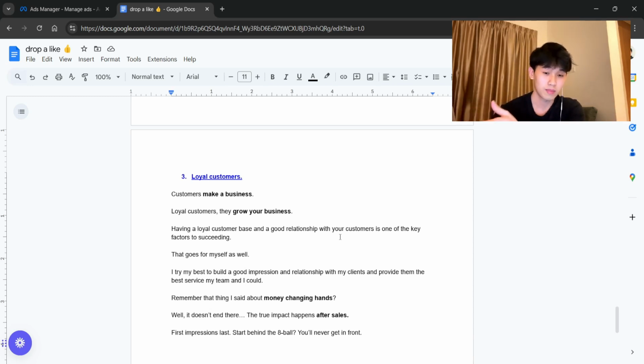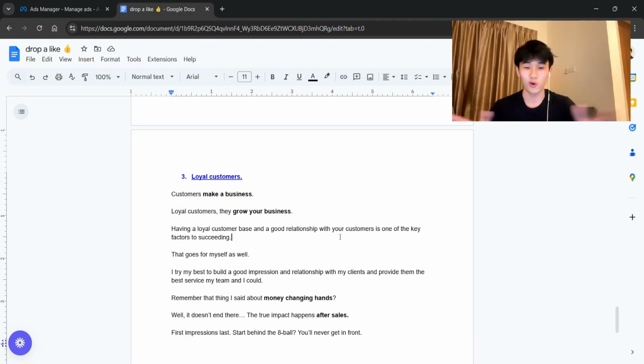And remember that thing I said about money changing hands on the first one, emotion magnet? Well, the true impact happens after sales. You don't want a customer's business. You want to keep their business, is what I'm essentially saying.